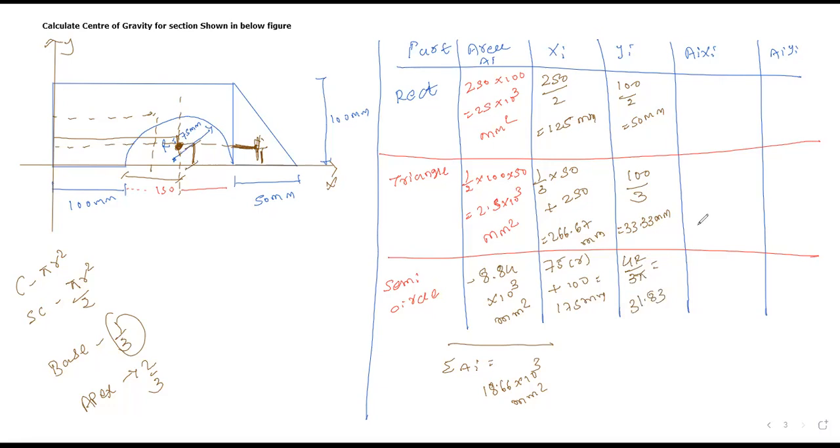Let's quickly calculate AiXi. 25 × 10⁻³ into 125. You will get 3.125 × 10⁻⁶. Here your answer will be 1.25 × 10⁻⁶.